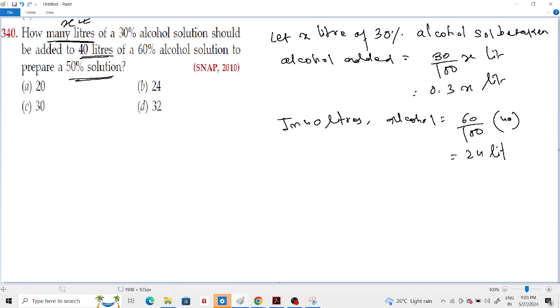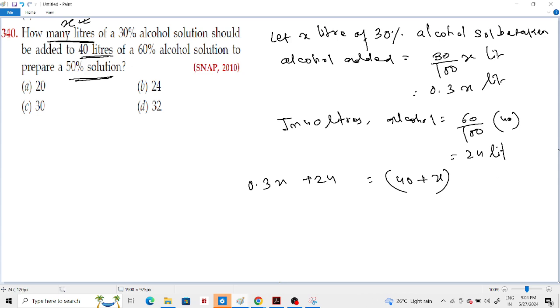Now when I'm adding this x liters into this 40 liters of 60% alcohol solution, what is the total amount of alcohol I got? 0.3x plus 24, right? And this is the total amount of alcohol that is present in 40 plus x liters of solution.